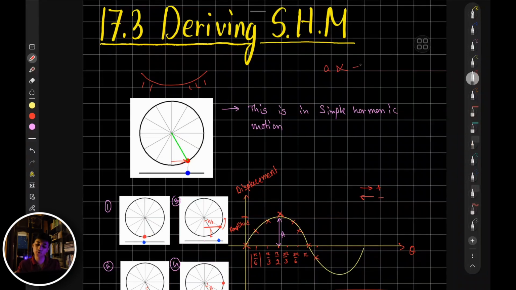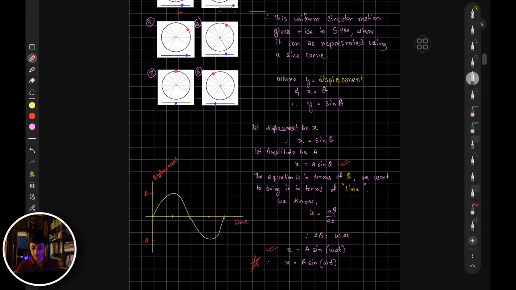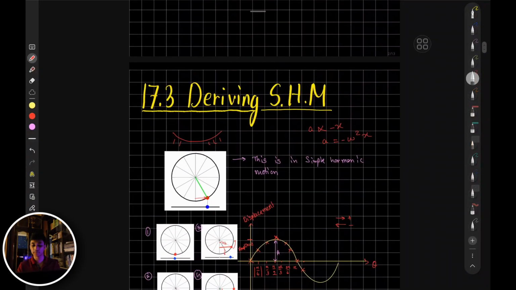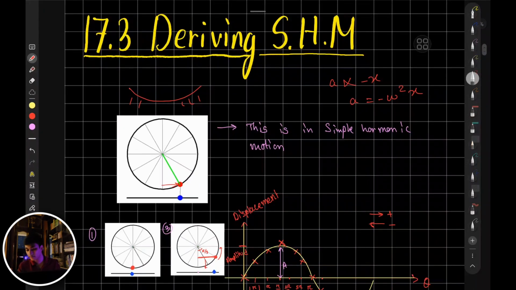A is proportional to minus x. Now over here, if we write the main equation, A is omega square x. For this, we need to draw it against time. Why?